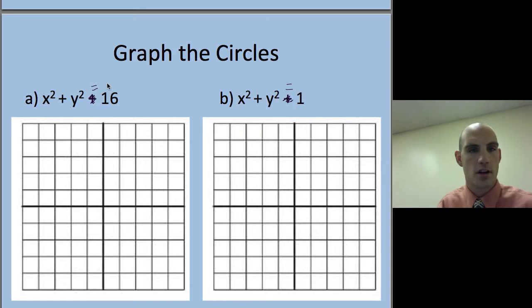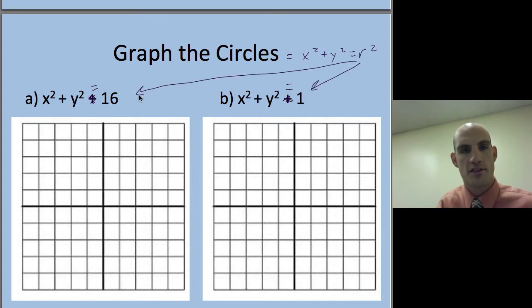Well, if x squared plus y squared equals r squared, then this is r squared and this is r squared. So r squared equals 16, so r is going to equal 4. And all I'm going to do is count 1, 2, 3, 4 in each direction, because the radius is the same all the way around.